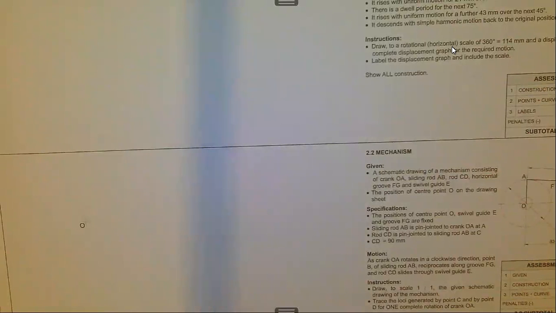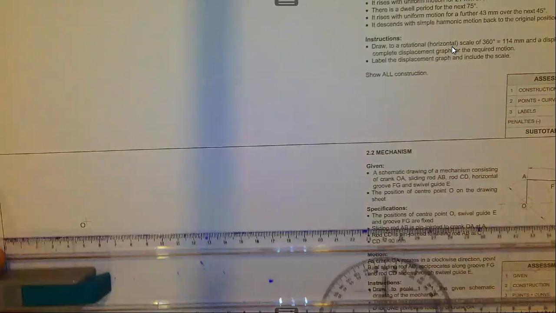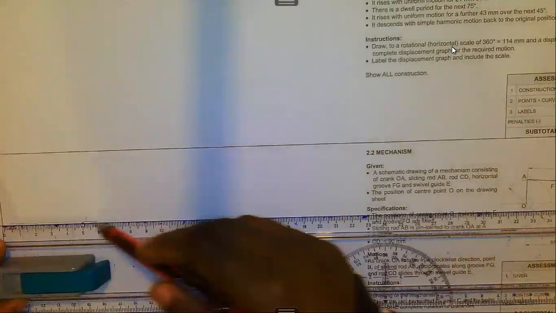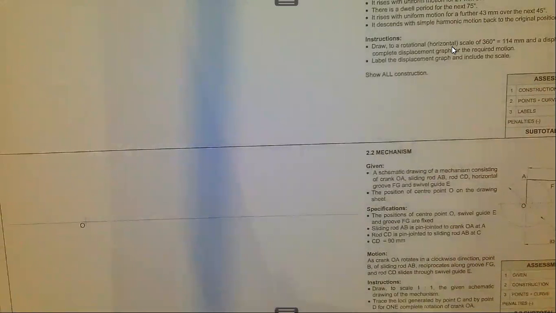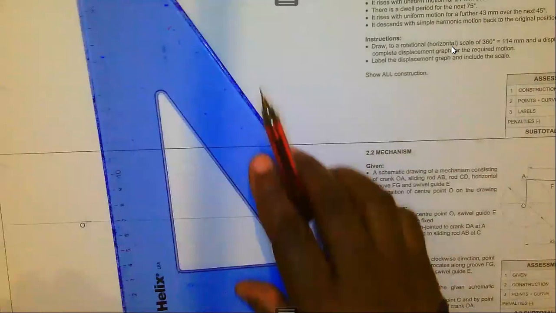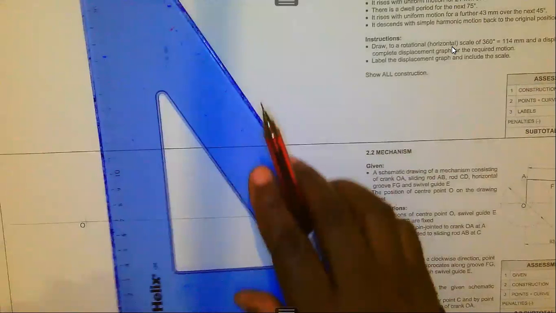Right. Let's draw a faint horizontal line from here, like that. Then a faint vertical line. But the diameter of OA is 75.